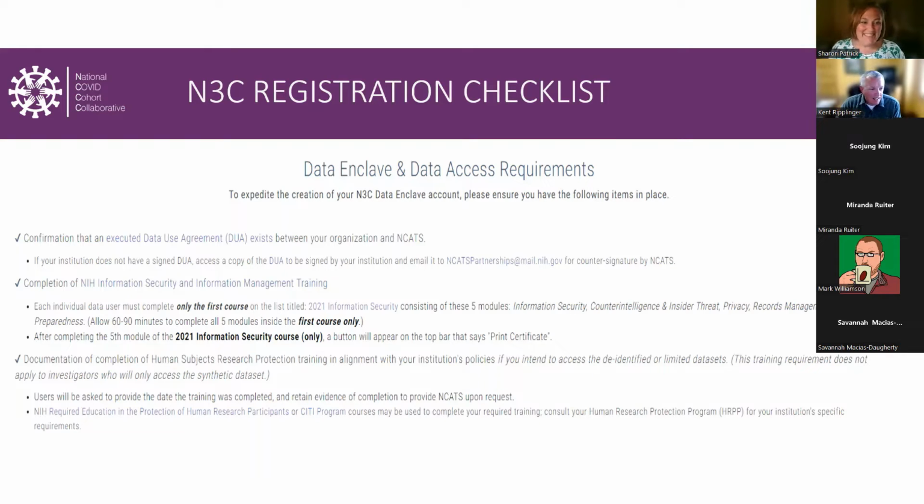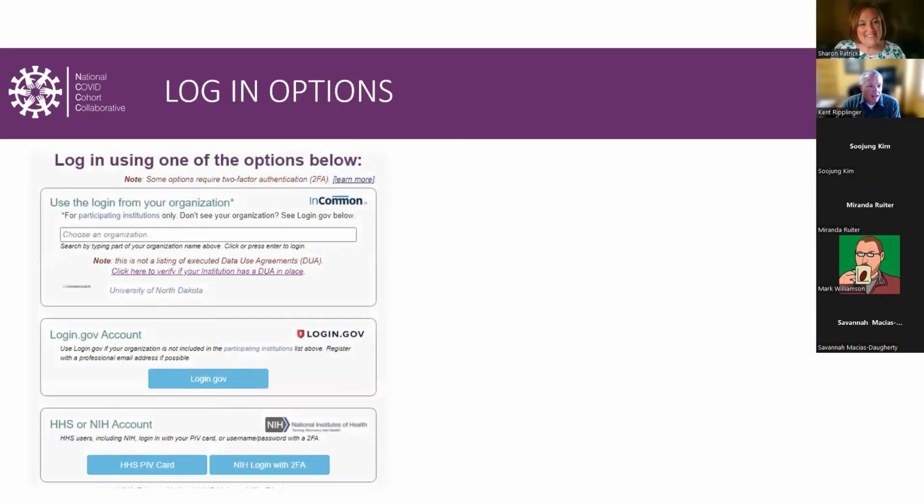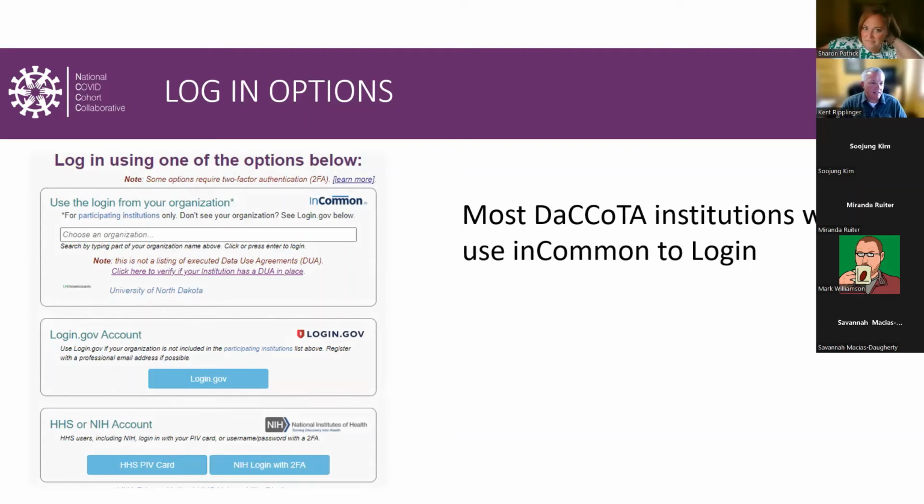So, the login options, once you get into the process of creating your account, you will use these types of login options, and most DaCCoTA institutions are going to use InCommon to log in. And basically what that is, you search for your institution to make sure it's listed with a DUA in place, and you'll find it in the list.